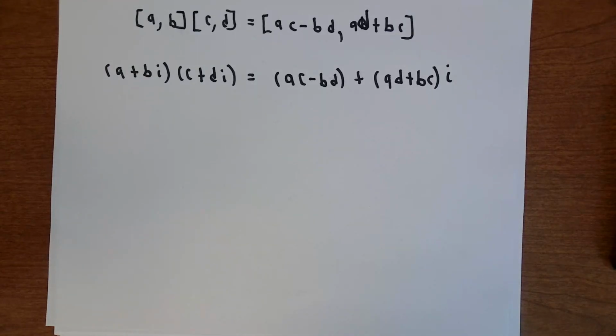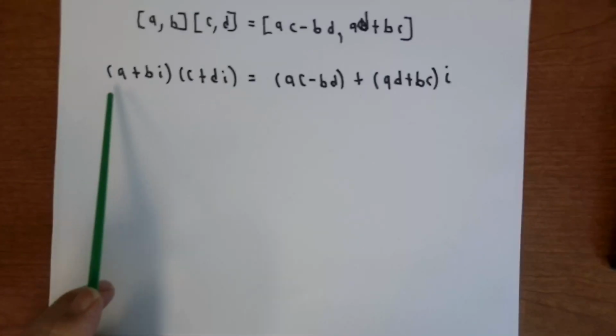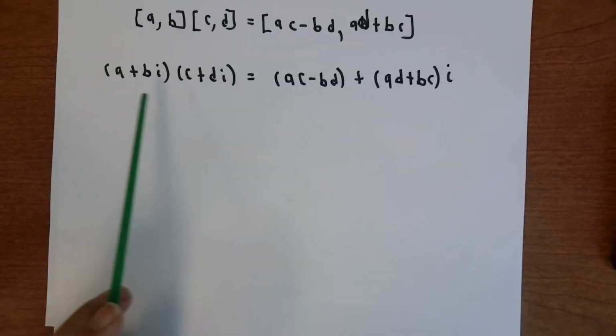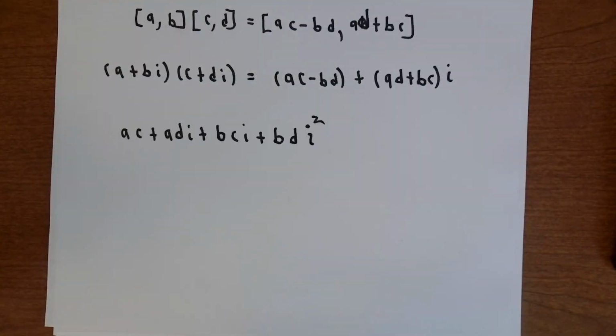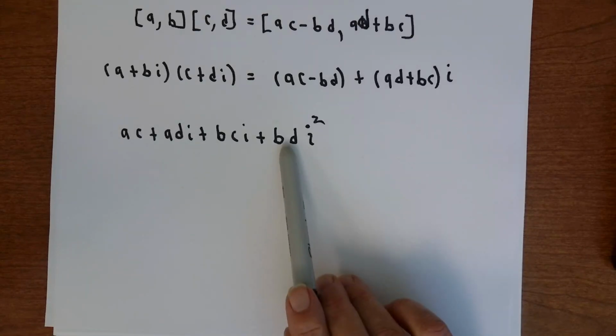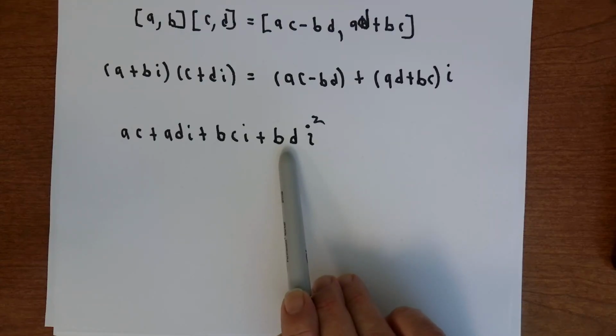If i is treated just as an ordinary variable, like in a polynomial, let's figure out what this would be just by doing the FOIL method. In the context that we are working in, though, i squared is negative 1. This last term is b times d times negative 1.